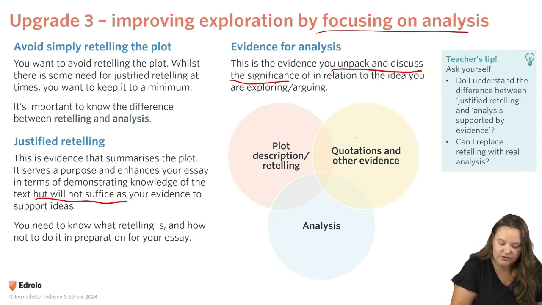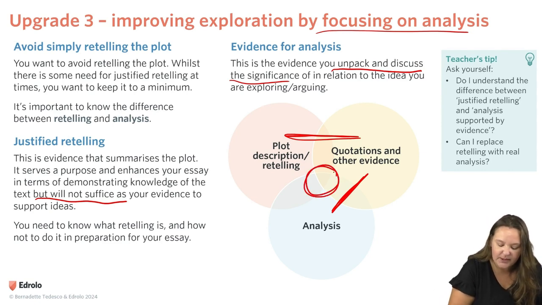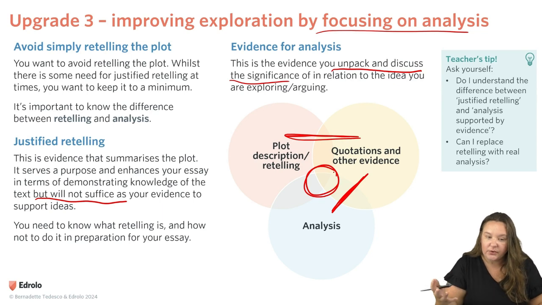So rather than just using quotes to say that something happened in the text, you need to use the quotes to prove how it was used and how it created meaning, how it proves your idea. So you really want to find that happy place between quotes and evidence, a little bit of cushioning of retell, and that focus on analysis. That's the moment you want to focus on.